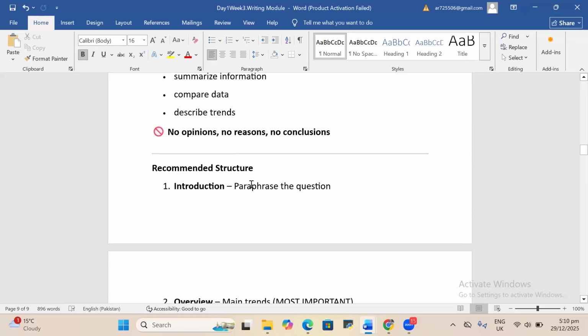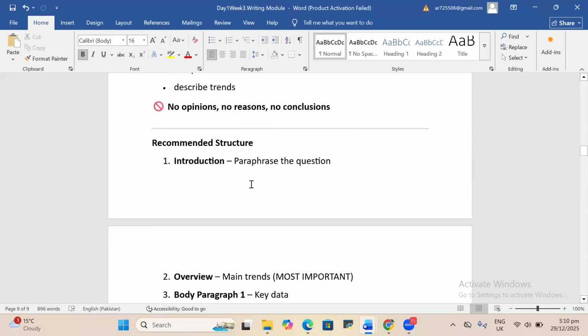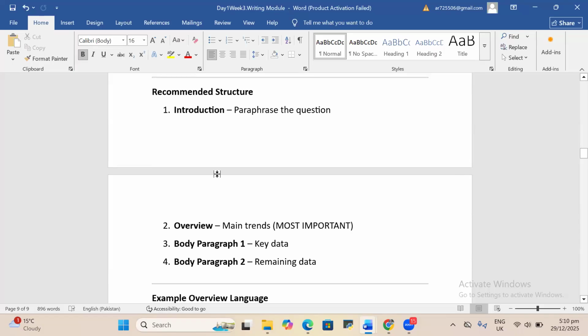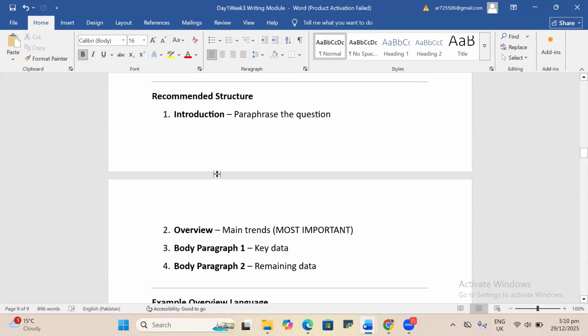There are four important things you need to understand: first the introduction, second the overview, then body paragraph 1 and body paragraph 2. If you know these four points, you can easily write it.